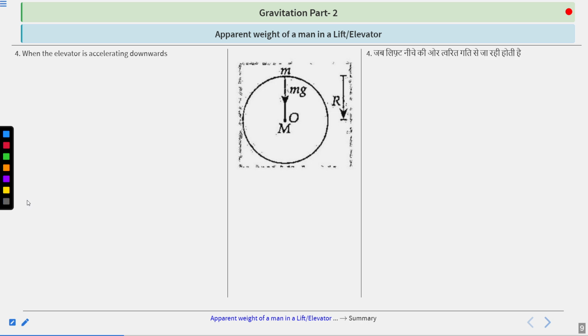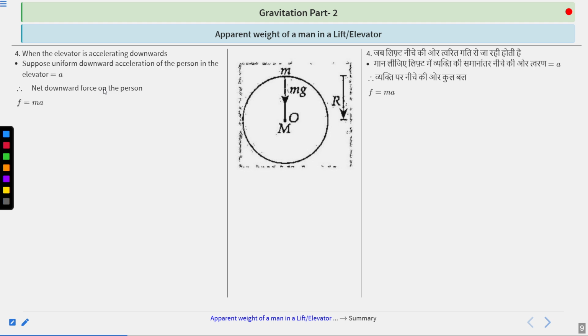Thereafter, when the elevator is accelerating downwards, now we could say it is accelerating, but it is having downward movement, not upward movement. Okay. Suppose uniform downward acceleration of the person in the elevator is equal to a. Therefore, net downward force on the person will be F equal to m a. From the figure, we could conclude that F = mg − R2.